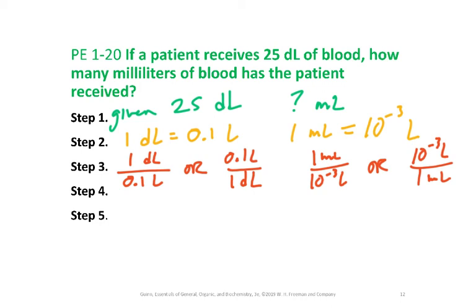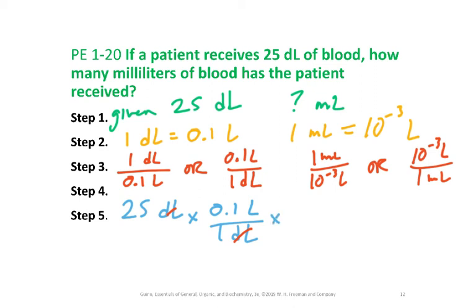And we want to start with the measured quantity and pick the first conversion factor that converts that into the base, liters. So we would pick this one to go to liters.